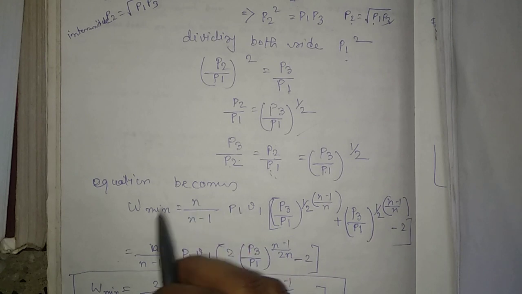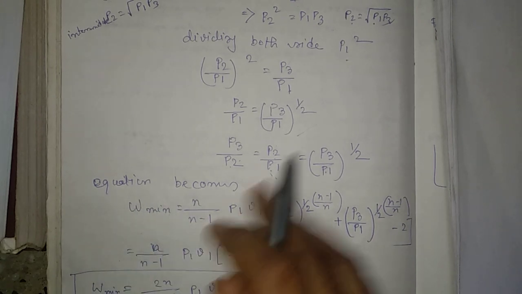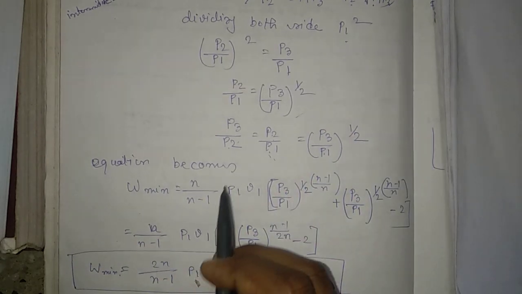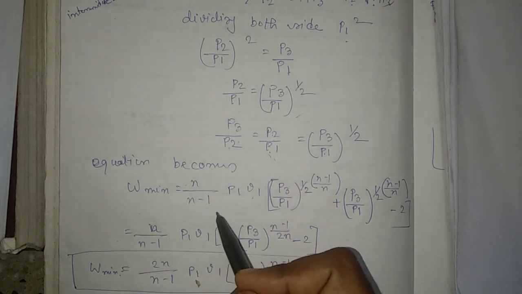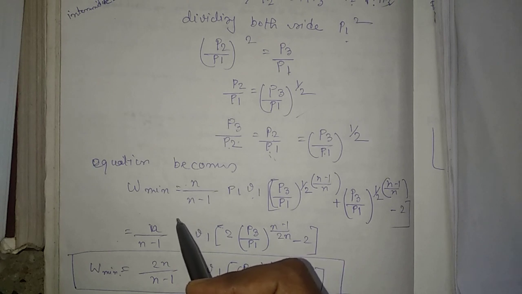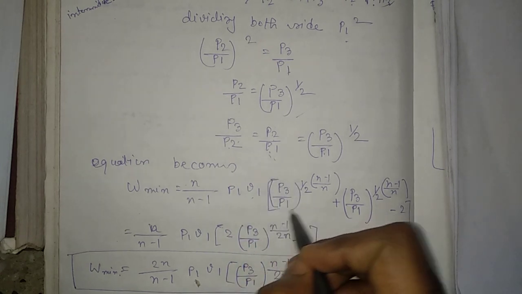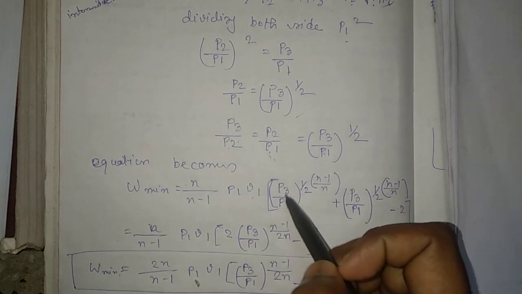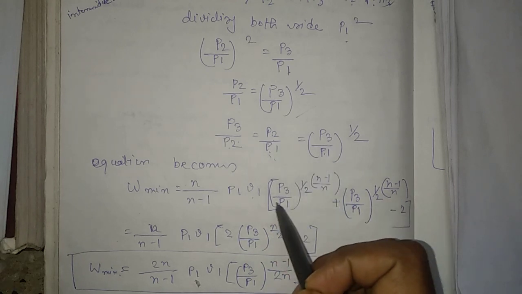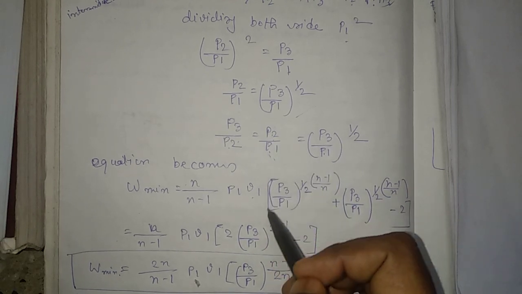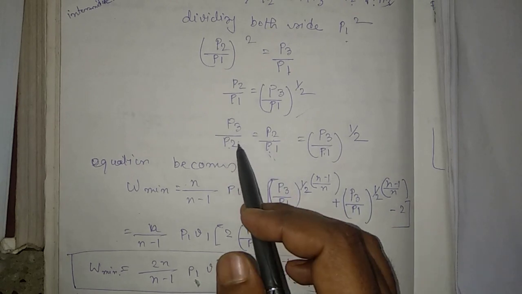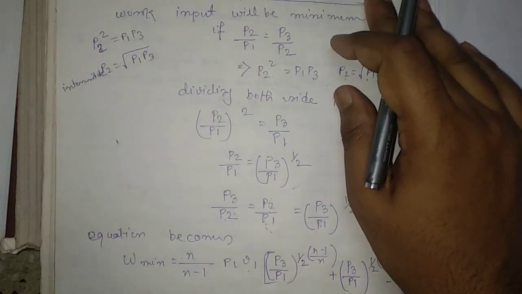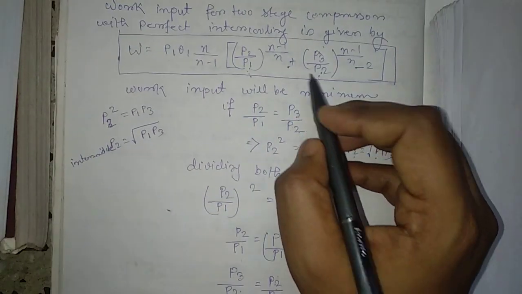For minimum work done, it will be n by n minus 1 P1 V1, and we put these into the first equation for work input required for a two-stage compressor with perfect intercooling. In the bracket, P2 by P1 is replaced with P3 by P1 to the power half, meaning under root of P3 by P1, and P3 by P2 likewise.